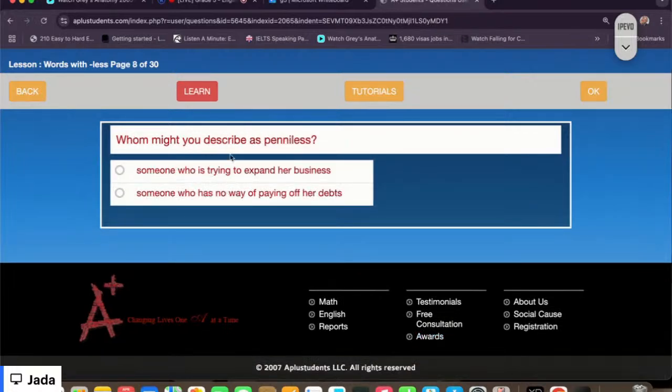Who might you describe as penniless? Whom might you describe as penniless? Someone who is trying to expand her business or someone who has no way of paying off her debts?